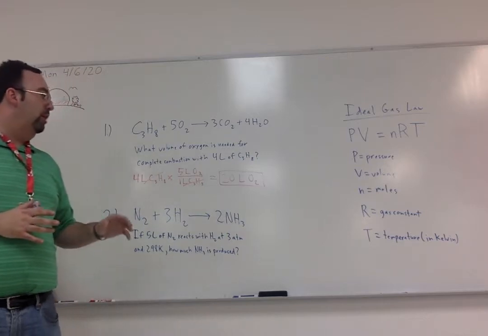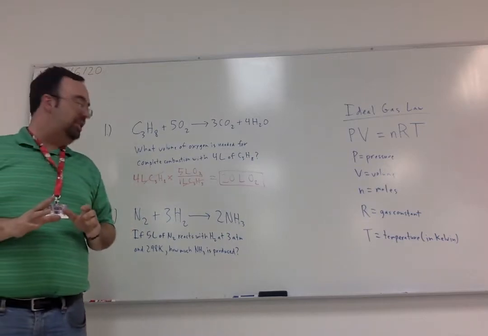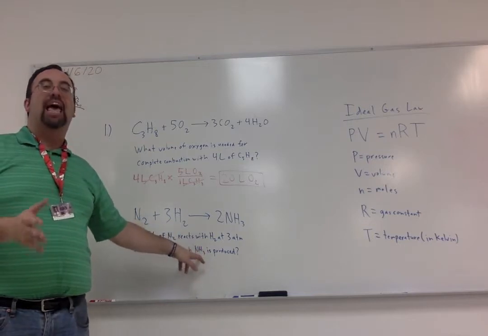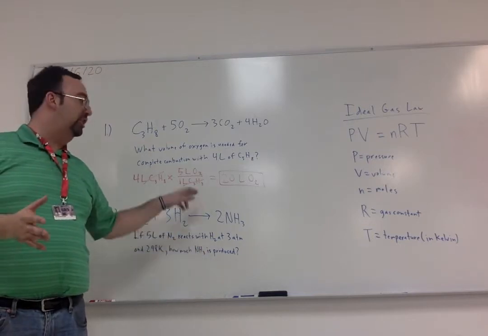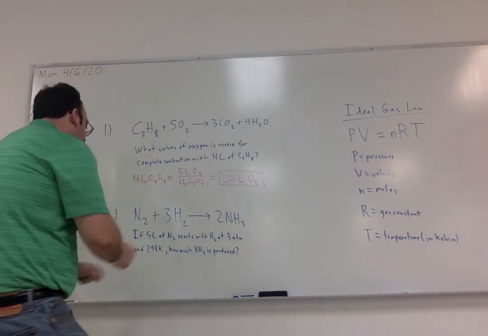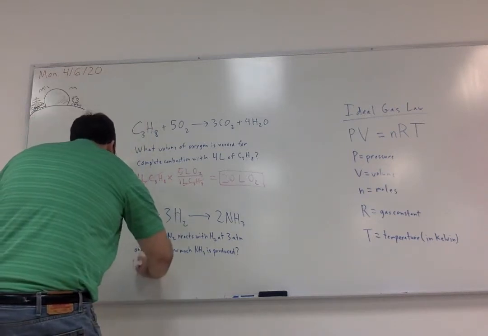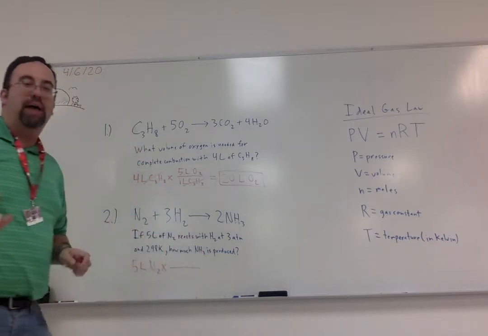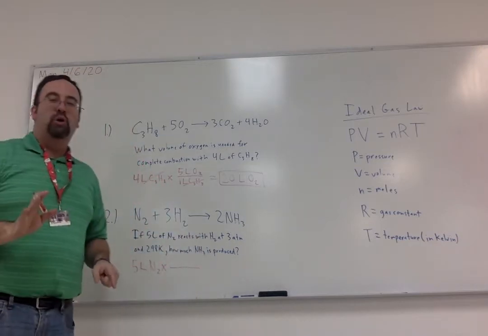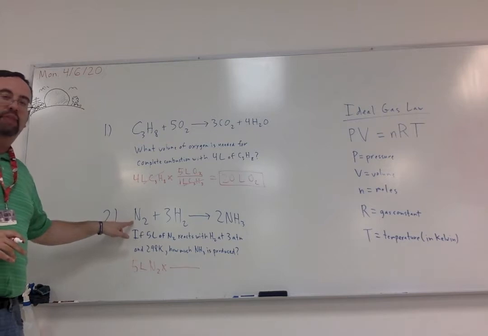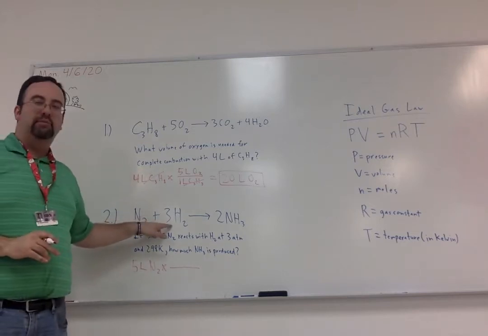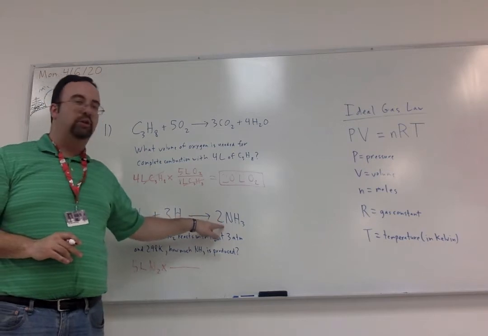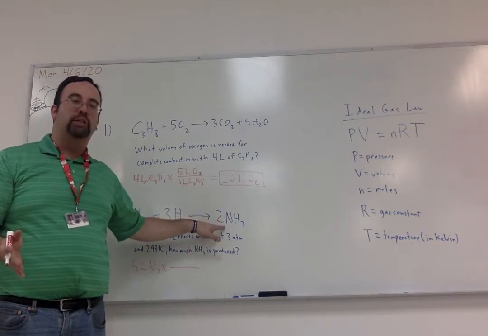And so what we're going to do is first calculate how much ammonia gas as a volume is produced. Just like the last problem, we're going to start off with 5 liters of N2. We look at our balanced equation. We note that we have 1 liter of nitrogen gas reacting with 3 liters of hydrogen gas to form 2 liters of ammonia, which again is NH3.